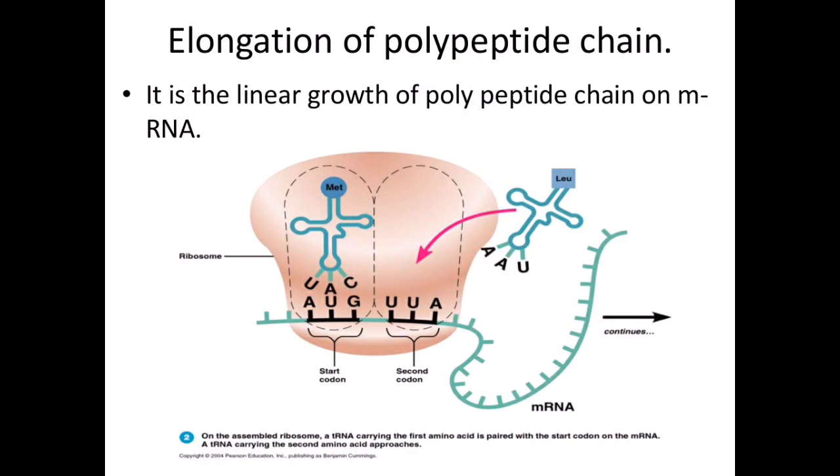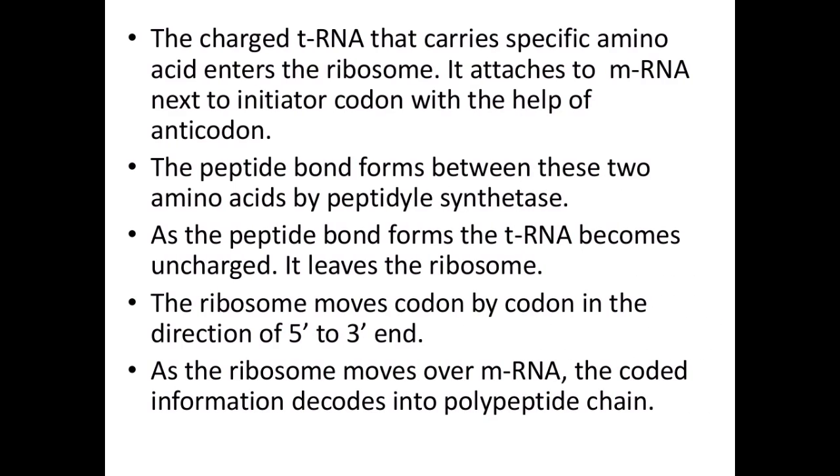Elongation of polypeptide chain. It is the linear growth of polypeptide chain on messenger RNA. The charged transfer RNA that carries a specific amino acid enters the ribosome. It attaches to the messenger RNA next to initiator codon with the help of anticodon.